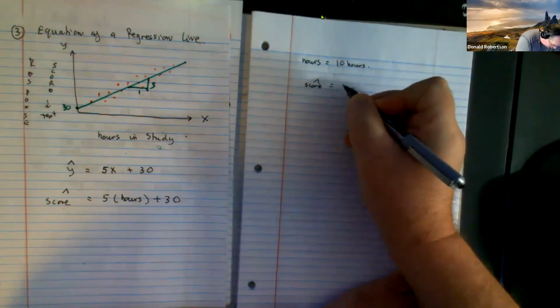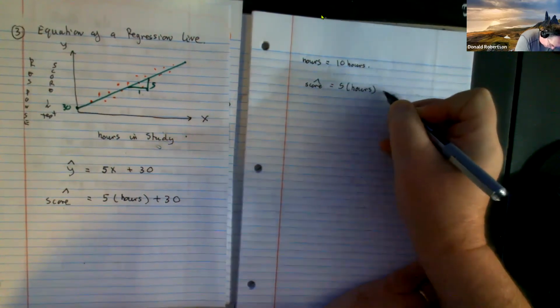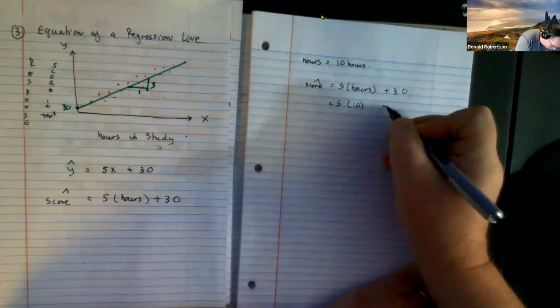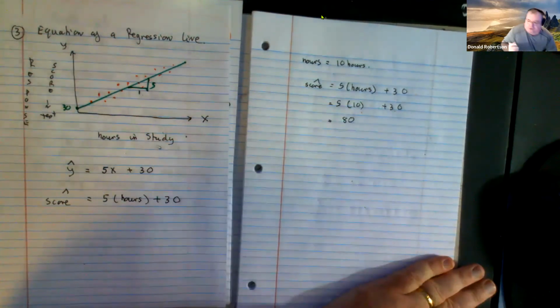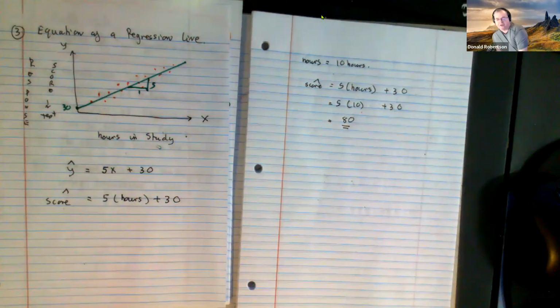So the predicted score would be 5 times the hours that they studied plus 30 points. So that would be 5 times 10 plus 30. And we would predict that the student got 80. The test is probably out of 100, right? So we make a prediction that that student got 80 out of 100.